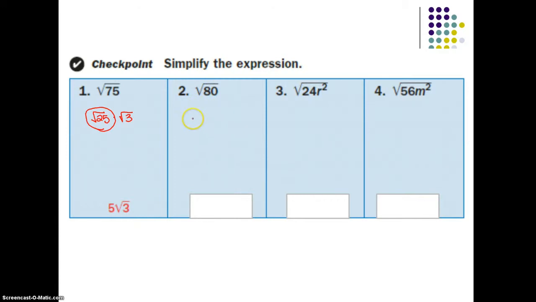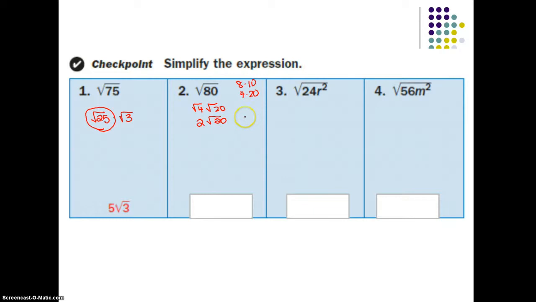80. Again, we're trying to find perfect squares, so you kind of have to do some guessing and checking here. I can get 80 by doing 8 times 10, but 8 and 10 both aren't perfect. How about 4 times 20? Well, 4 is perfect. I could do that. It's 2 times 2. That's going to get me 2 square root of 20.